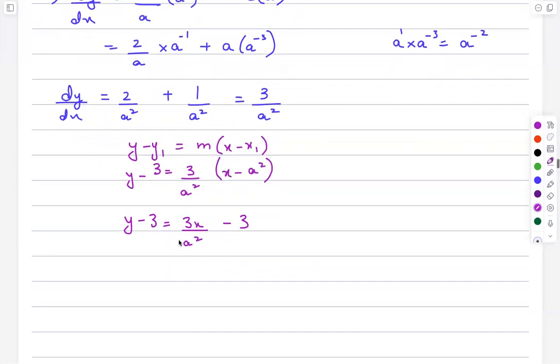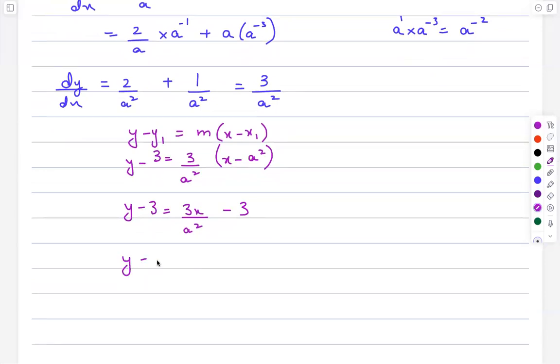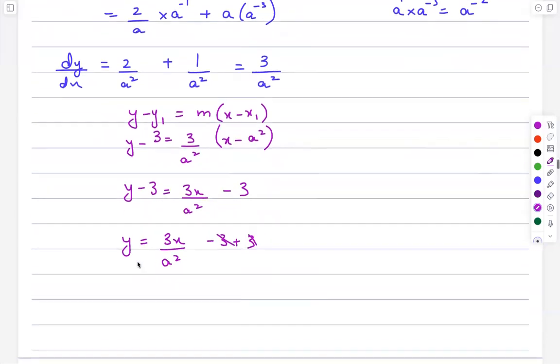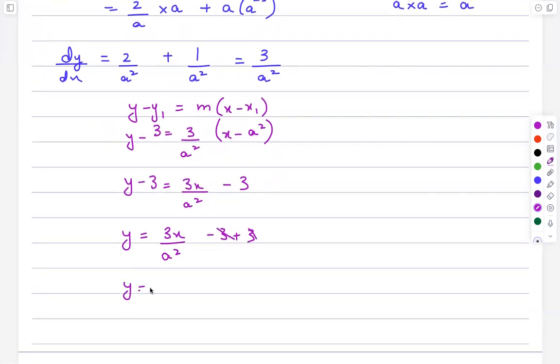Now taking 3 to the right hand side, y equals 3x/a² minus 3 plus 3. So this will cancel out, and the equation of the tangent will be y = 3x/a².